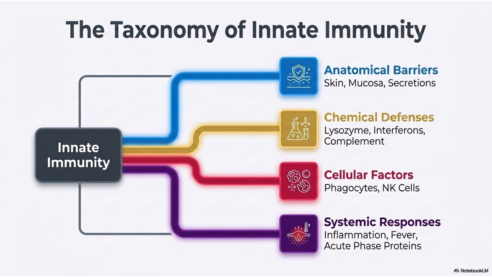These will interact with the particular invading organism and try to kill it or curtail it from entering inside the body. Once this pathogen crosses this layer also, then you have the cellular factors like your phagocytes and the natural killer cells, which can act on particular cells and kill the organisms.